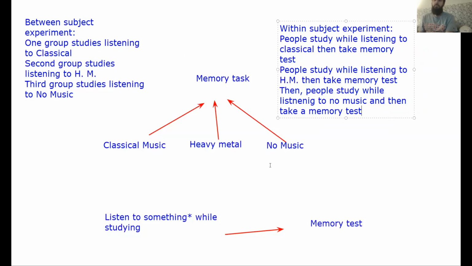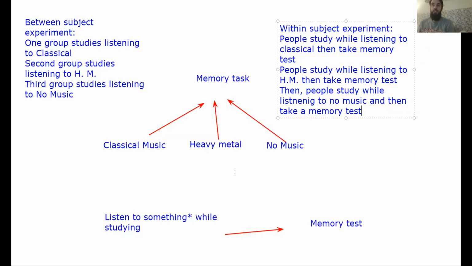And so this would be an example of when we would use an ANOVA, because there's one independent variable, what people listen to, with three groups.